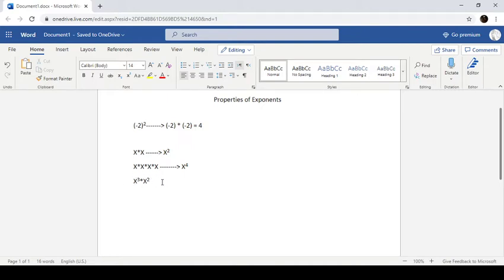So how many do we have altogether? We have x to the 5th.